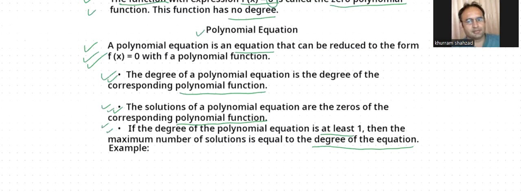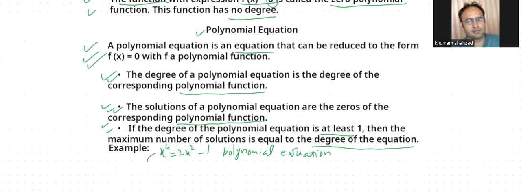It is very important to explain each remark with the help of an example. So I am taking this example: x raised to power 4 minus 2x square is equal to 2x square minus 1. So what is this? This is a polynomial equation. Now, how can we get a polynomial function from this equation?